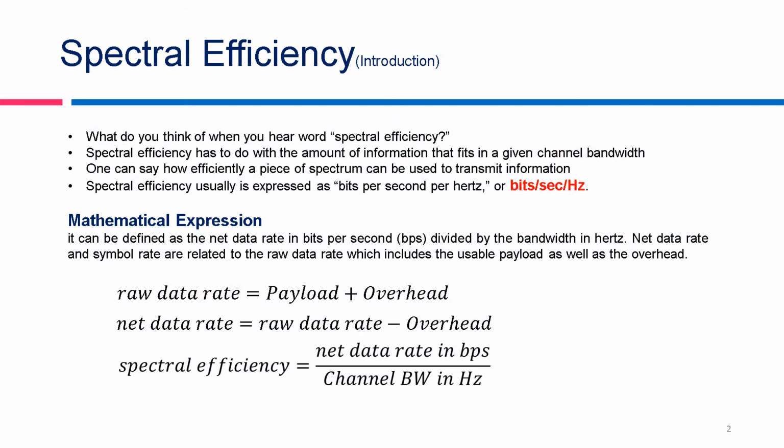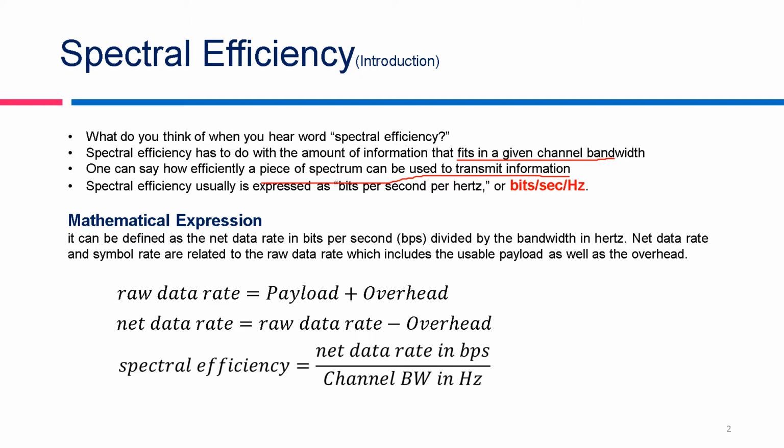Let me start by asking you a simple question. What do you think when you hear the word spectral efficiency? Spectral efficiency is nothing but the amount of information that can fit in a given channel bandwidth. Or one can say how efficiently a piece of spectrum can be used to transmit information or some bytes of data.